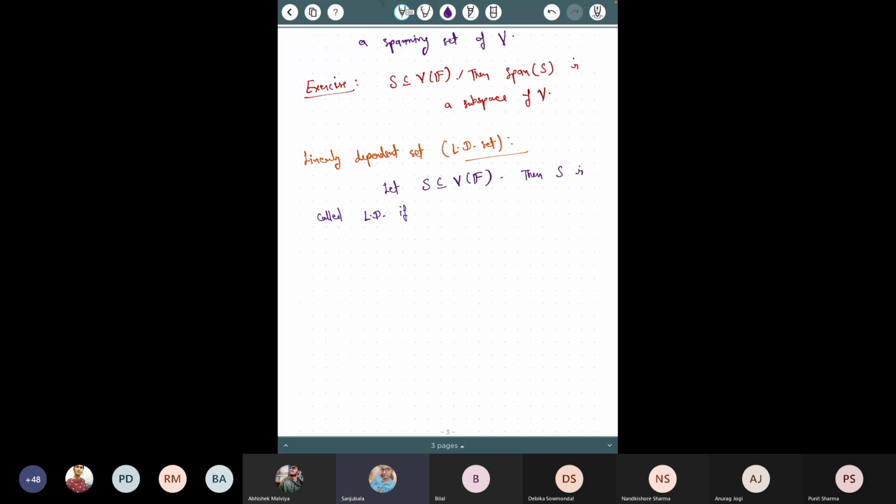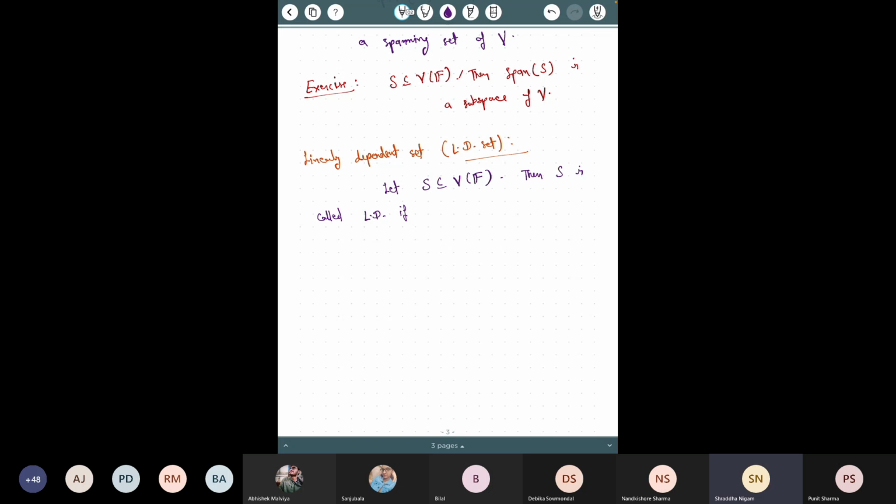If we write a vector in the form of c_i v_i, where v_i is coming from S and c_i is any scalar, and if we want that particular vector to be zero, then only one case is that c_i have to be zero, then it will be linearly dependent. Yeah. So you are saying that at least you have one non-trivial way to write zero as a linear combination of vectors from S.